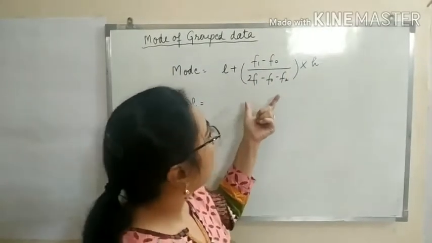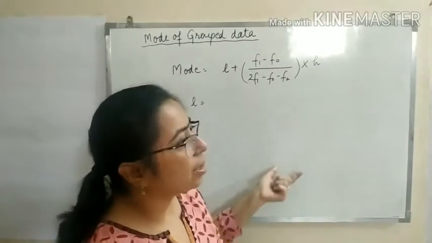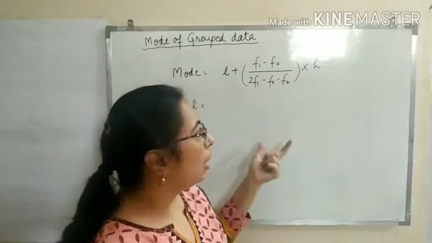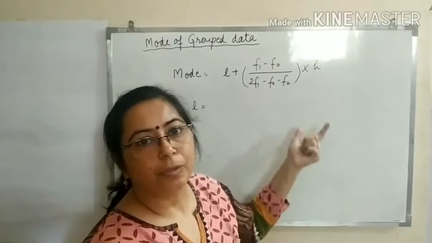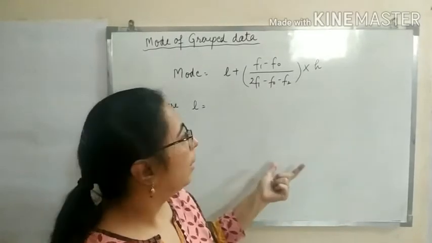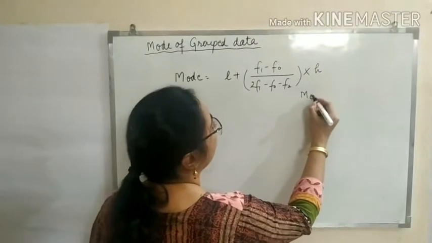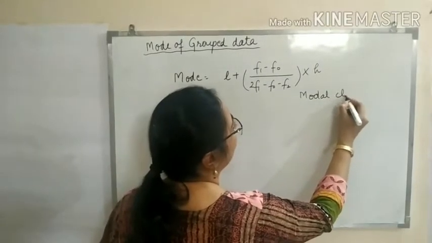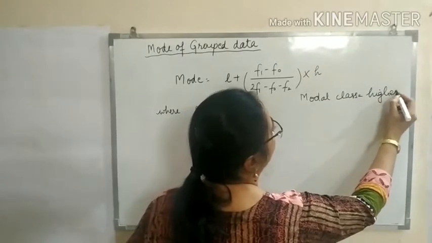Whenever you are given a question of mode, the data is given to you. You are given the class intervals with frequency. The frequency which is the highest in the column, that class is called the modal class. First you have to see what the modal class is. Modal class is the highest frequency class interval.